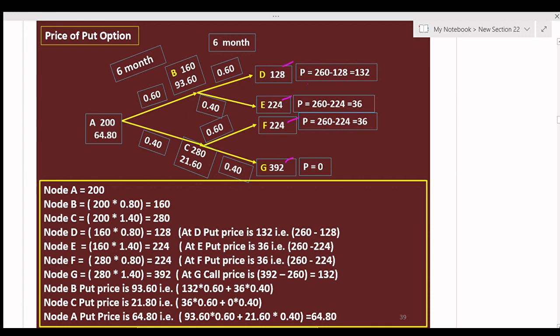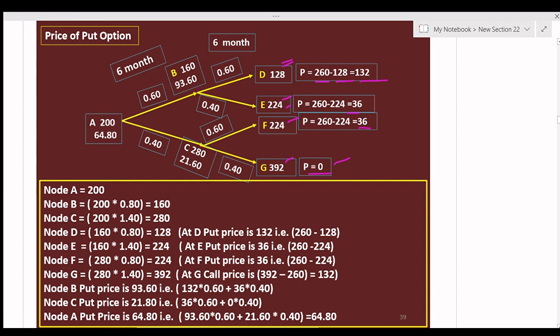Here the put option buyer will be interested to exercise his right because 260 is the strike price and the stock price is less than the strike price, so intrinsic value will be 132. At point E, the price of the put option will be 36. Here he will not exercise his right, so P is equal to 0. Put option value will be 0.